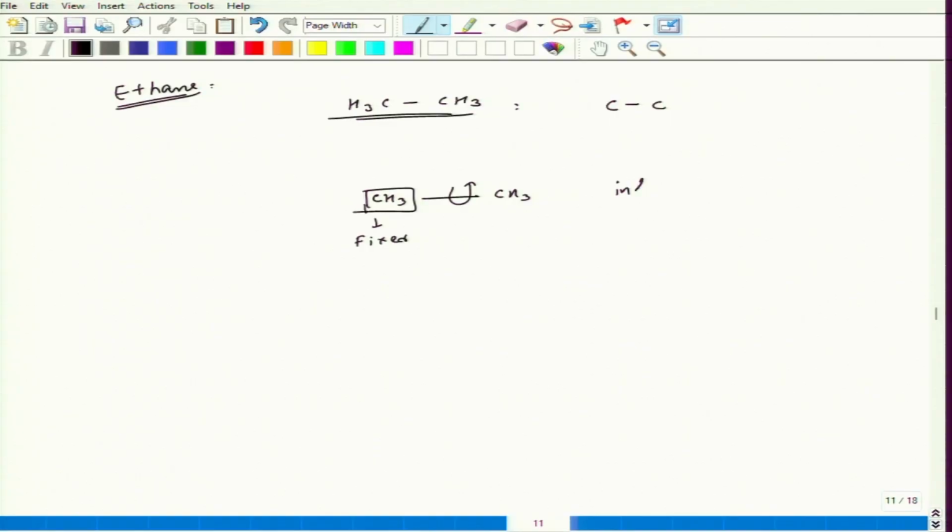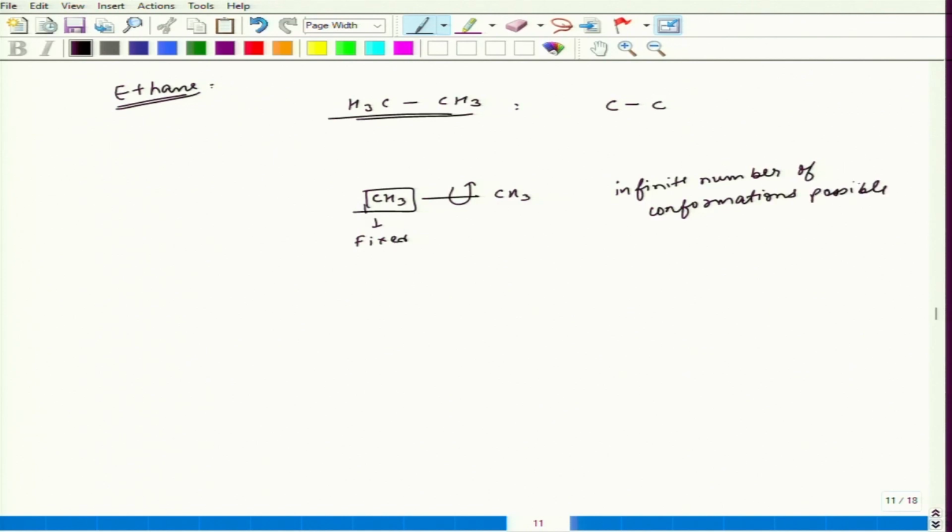And as I have already told, the C-C bond rotation does not disturb the electronic distribution over the bond. So, there are an infinite number of conformations possible.